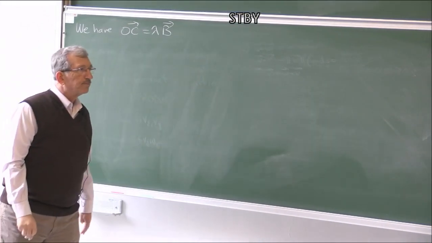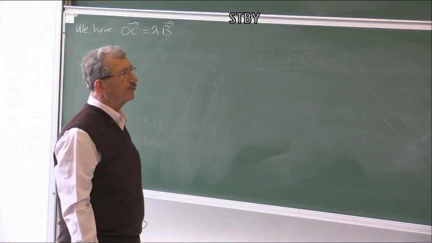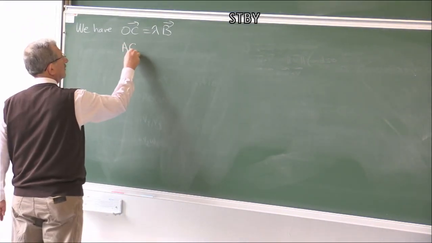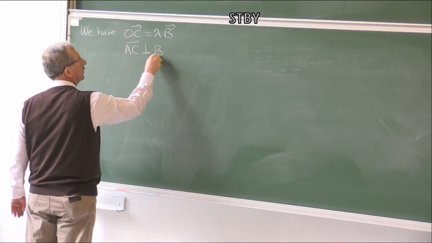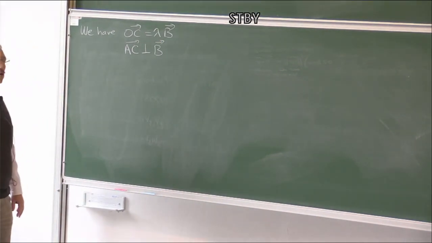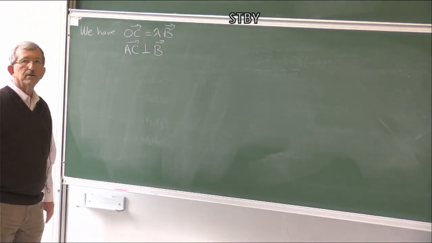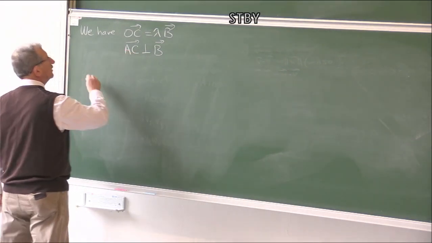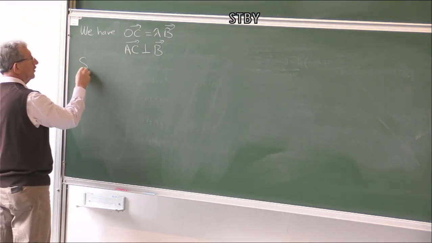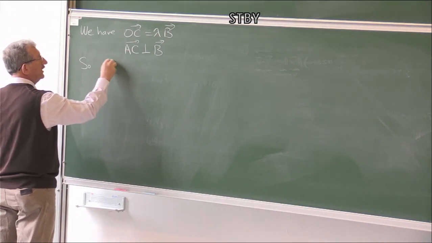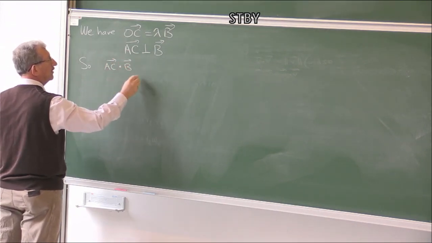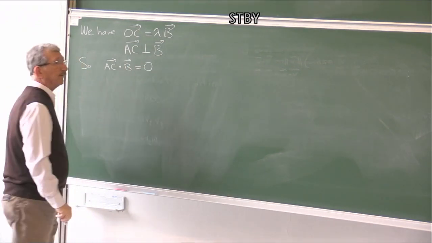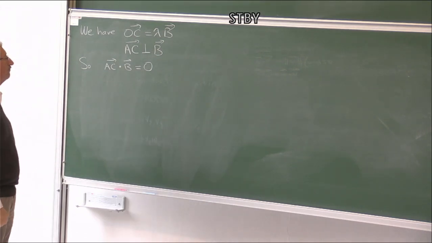And of course, when we look at the drop to C from A, AC is perpendicular to B. So these two conditions determine the vector C. Let us start with the second assumption. So we have AC dot B equal to 0 in the first place because they are perpendicular.